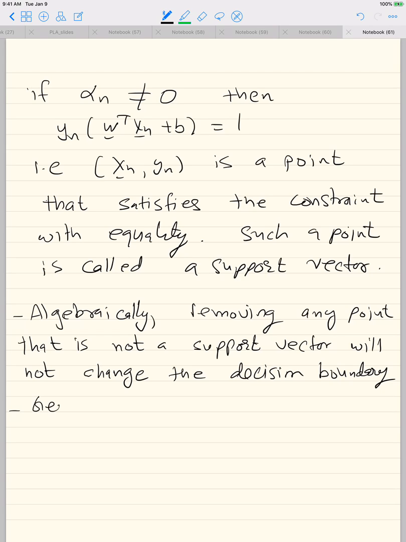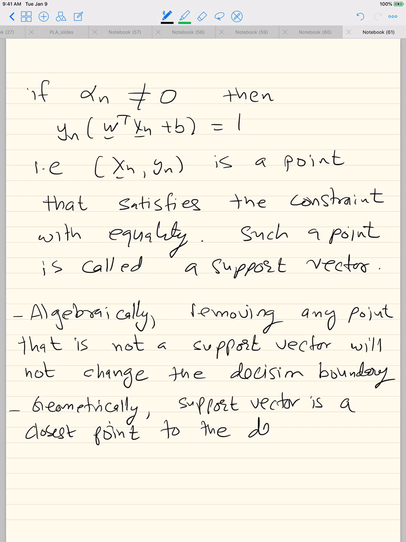And geometrically, the support vector is a closest point to the decision boundary.